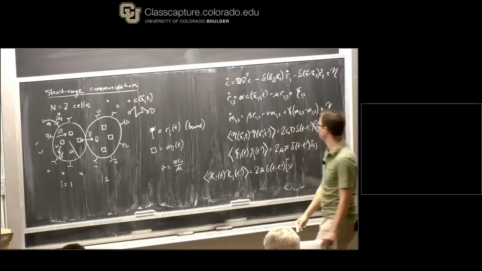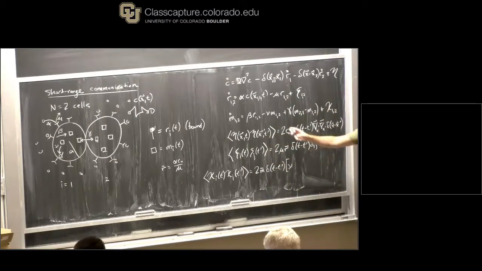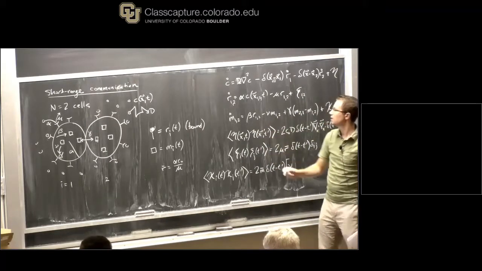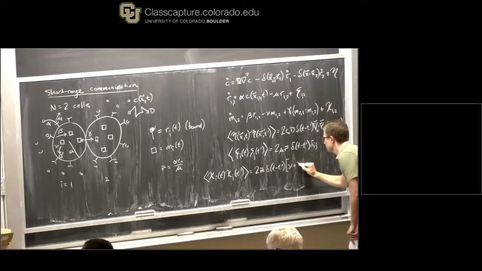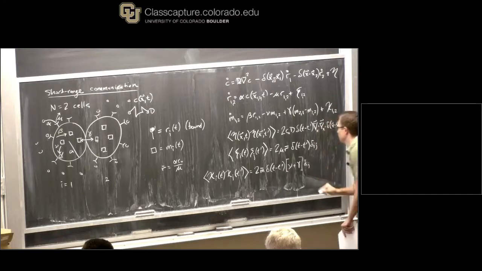So it has the nu m bar propensity from the degradation and also from the production. But of course, we also need noise terms from the exchange reactions as well. So that actually has a gamma m from here and a gamma m from here. So we get a plus gamma here, delta ij.